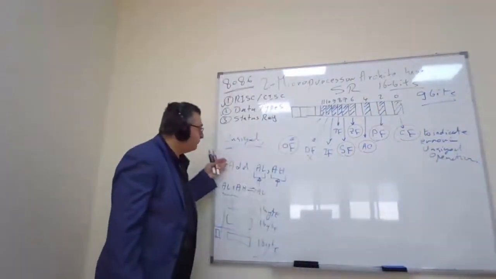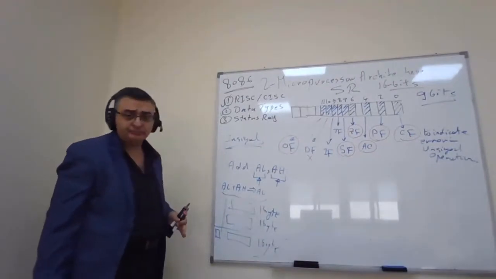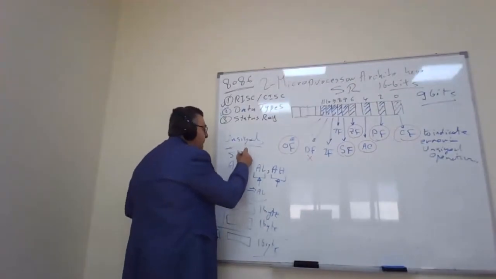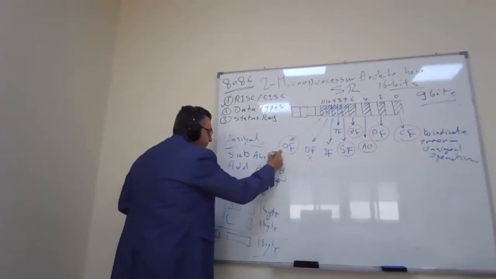What other kinds of errors can I have for unsigned numbers? What if I'm subtracting AL with AH?